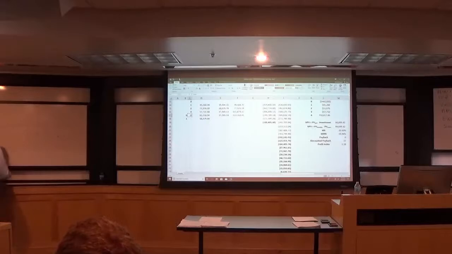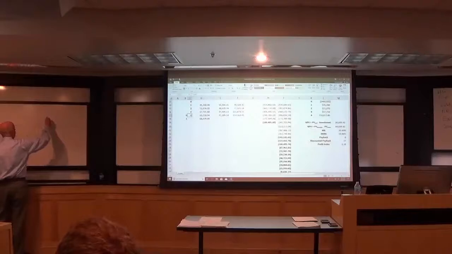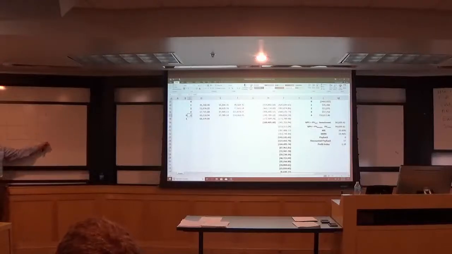If my explicit period is years 1 through 4, then in continuation terms, my year 5 is continuation year 1, right? Because it's the first one after the end of my explicit period. And if this is year 1, what is this? Year 0.